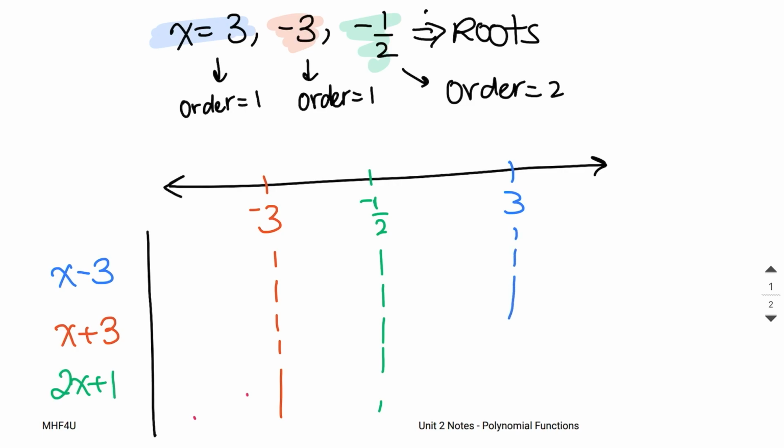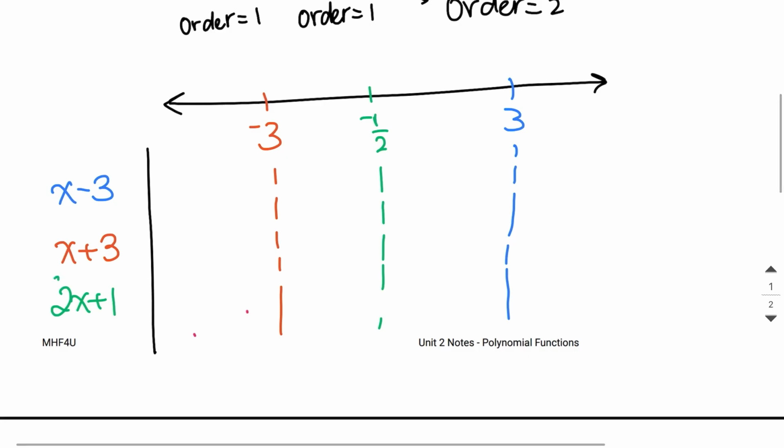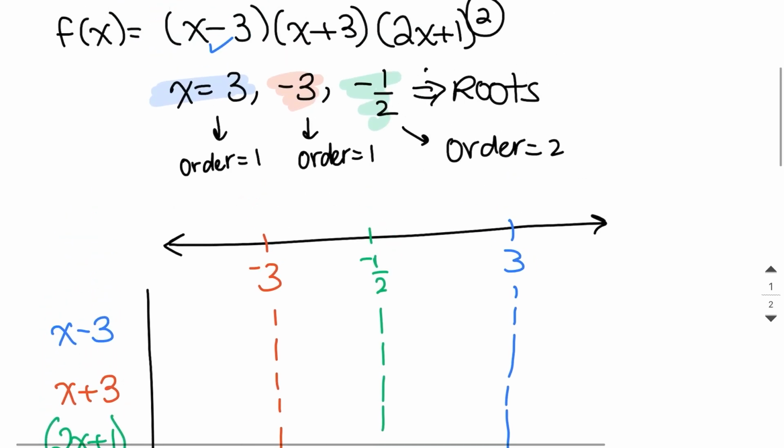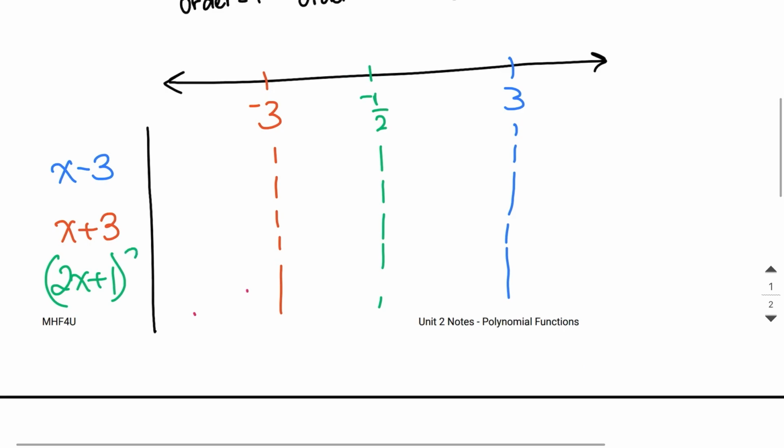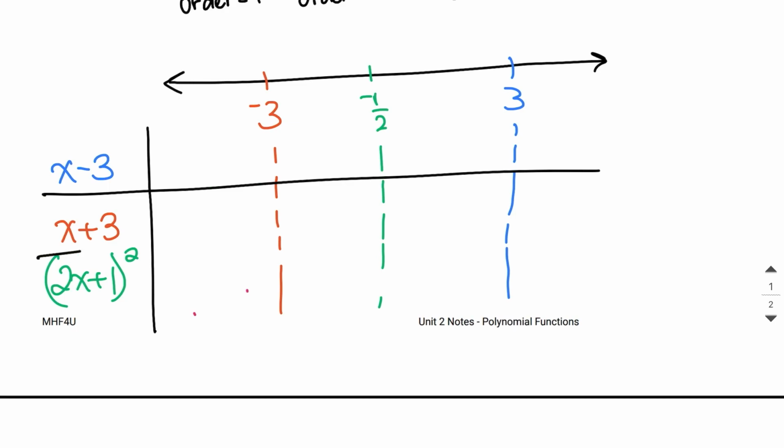Okay, but I need to go back to this 2x plus 1 because we need to be really careful. This is 2x plus 1 squared, so we actually have to put squared right here, okay? Now, x minus 3 is going to be negative all the way until I get to the critical point of 3. At that point, it will turn into a positive, okay?